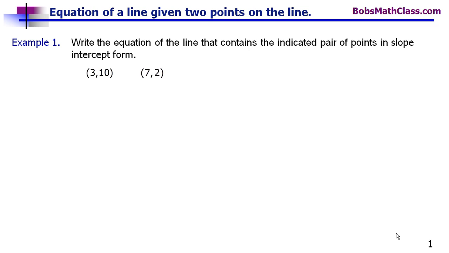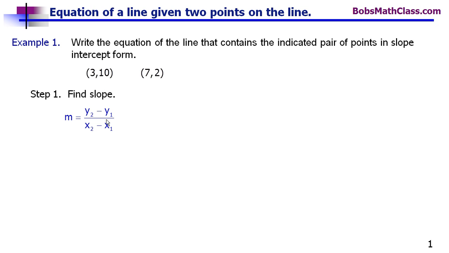Let's start with slope. Given 2 points, how can we find the slope? Yes, we use the slope formula. So step 1, find the slope. And we're going to use the slope formula, which is y2 minus y1 over x2 minus x1.